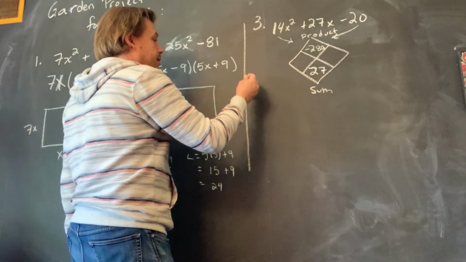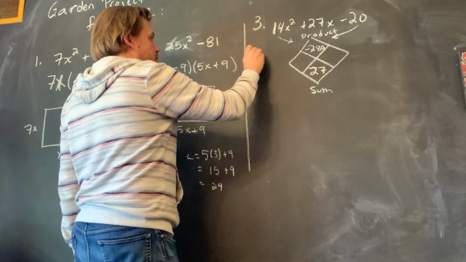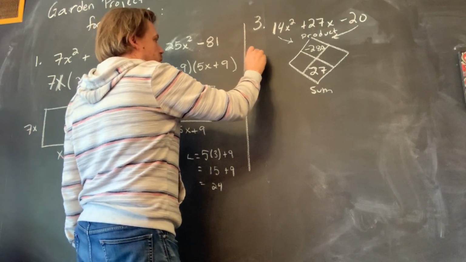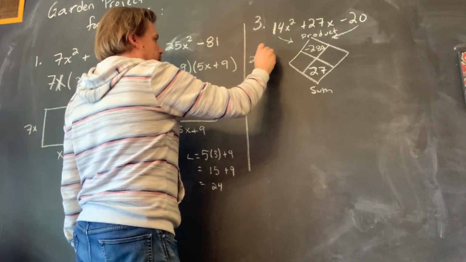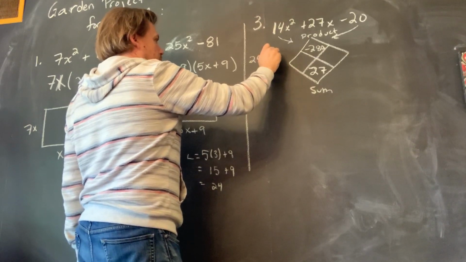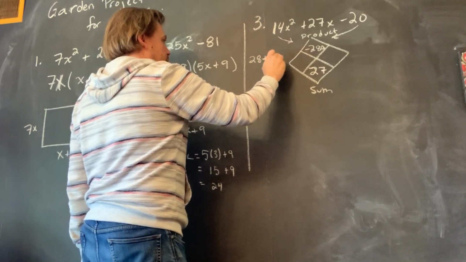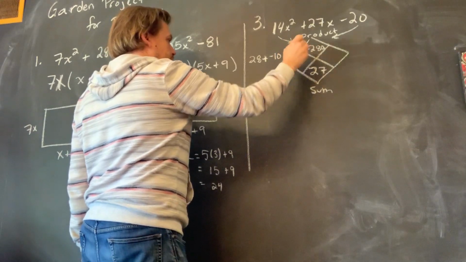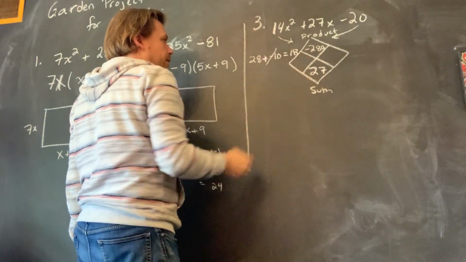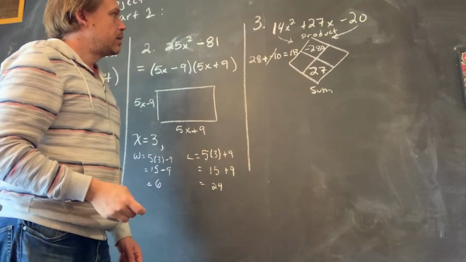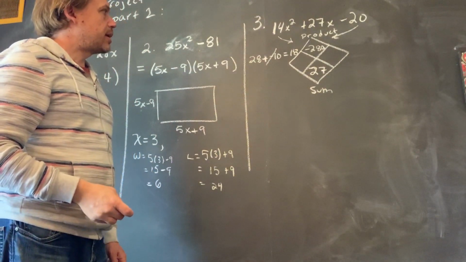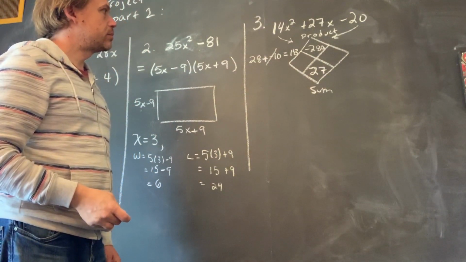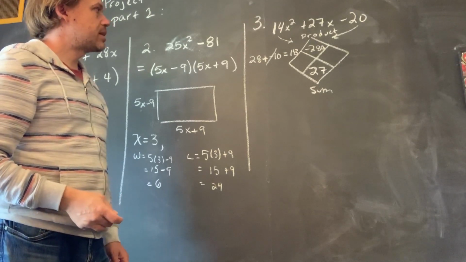So I'm going to try 28 and 10. So 28 plus negative 10. But that's equal to 18. So no. So other two numbers. Well, let's see.